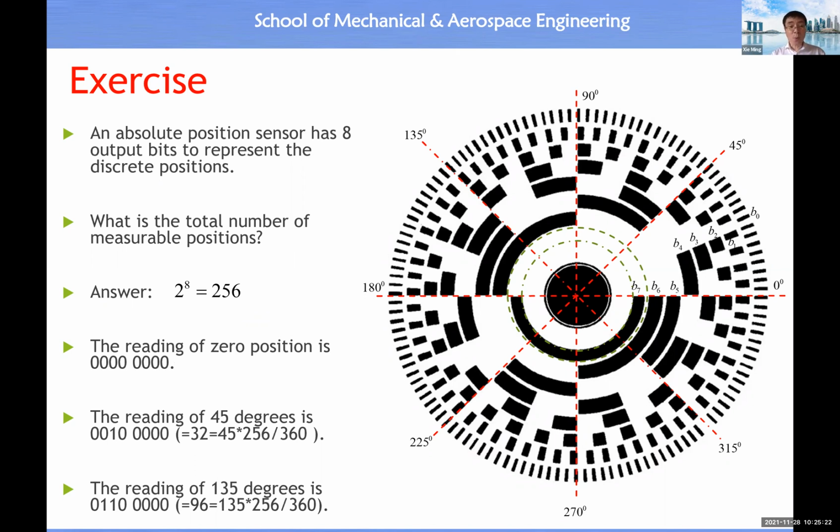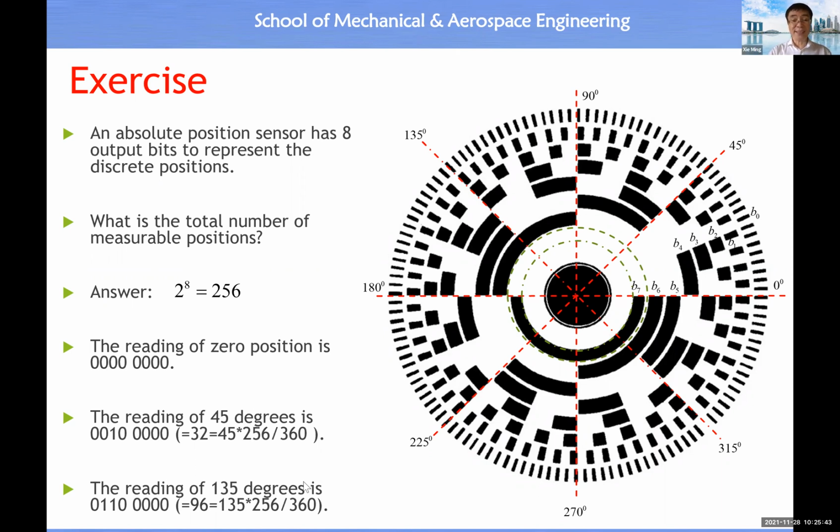Okay, now we want to know what happens if this disk rotates to the absolute orientation of 45 degrees. Then this is the angular position of 45 degrees. What should be the reading from this sensor?